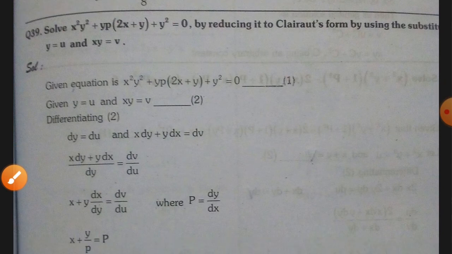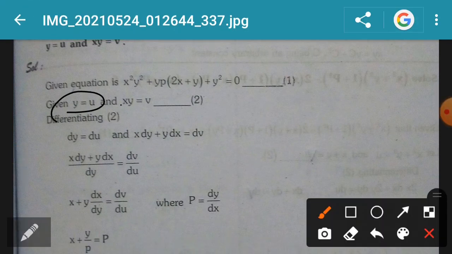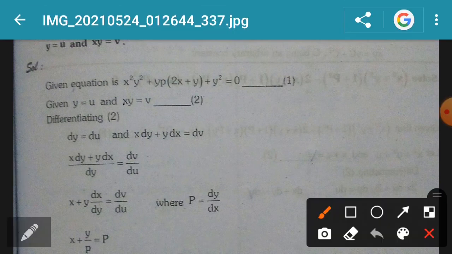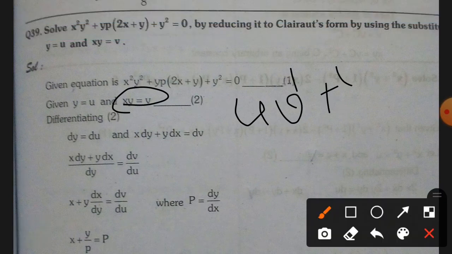Okay, here y equals u, x into y equals v. Now we go for the differentiation: y differentiation dy, u differentiation du. After this, which is in the form of u into v, we go for u into v dash plus v into u dash, with x into y differentiation, y into dx, v differentiation dv.